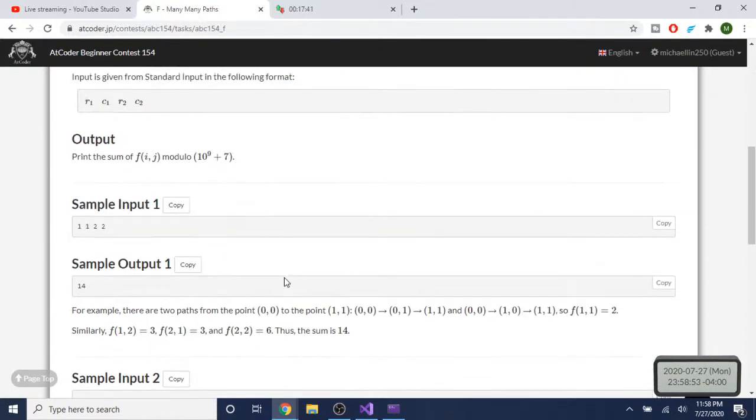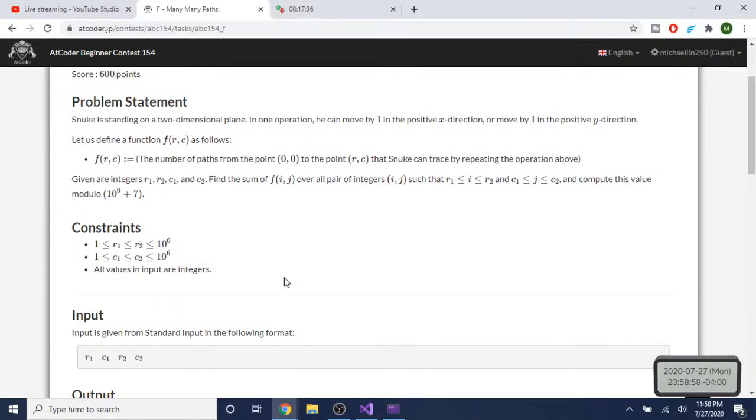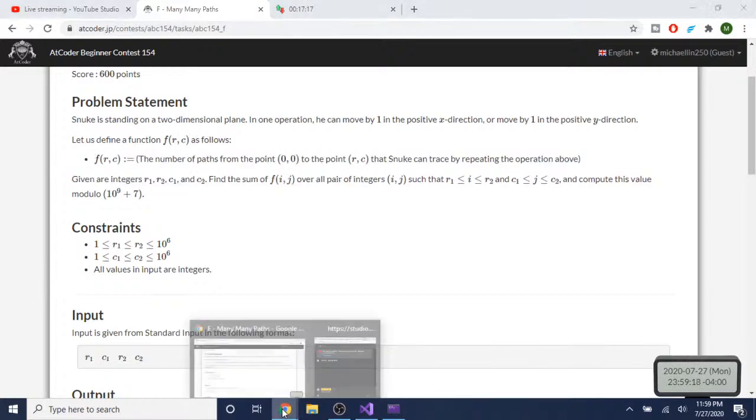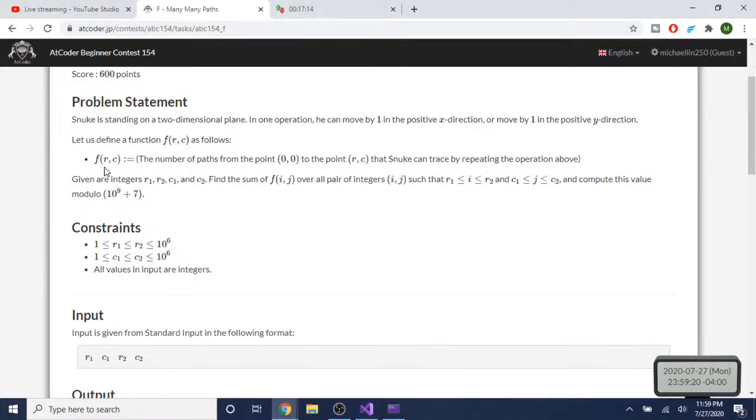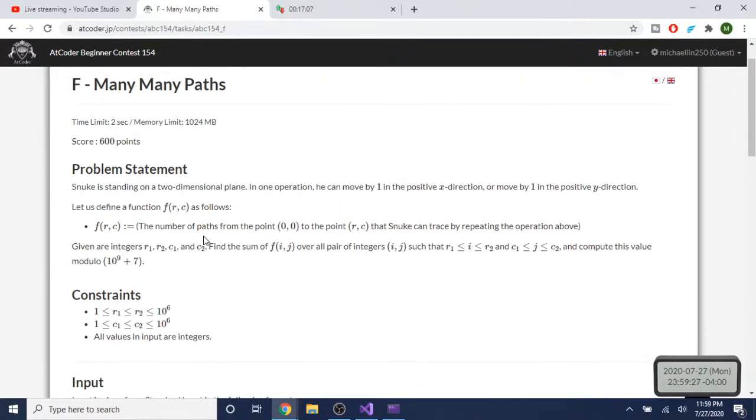All right. So we're still back at trying to figure out the number of paths it takes to go up one and right one. For the function RC, the number of paths from 0, 0 to RC. If you just joined the chat, this is the last problem of beginner contest 154.